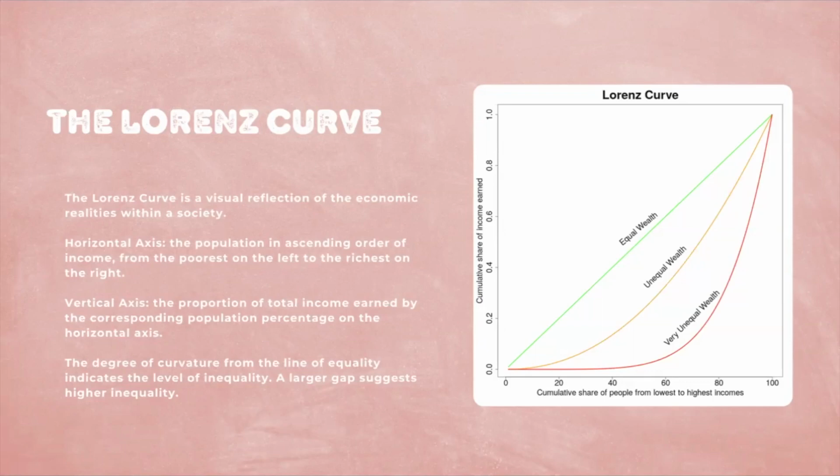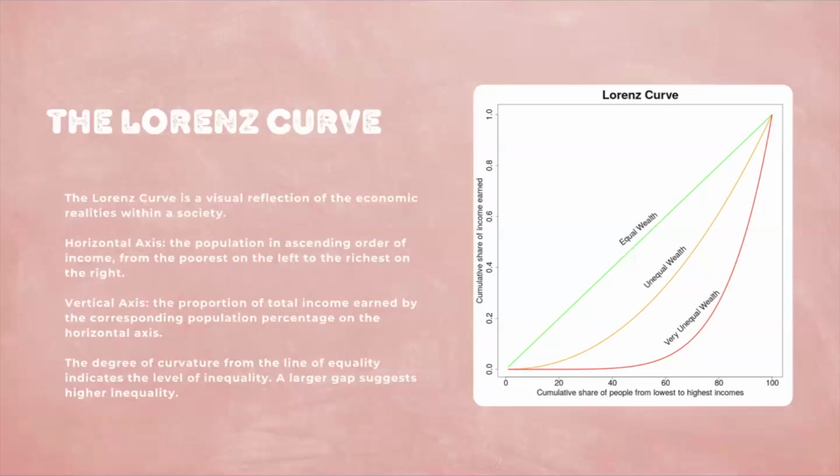The green line, equal wealth. This curve represents a situation of perfect equality where each percent of the population earns the same percent of total income. And the orange line, unequal wealth. This curve shows a scenario where wealth is somewhat unequally distributed.